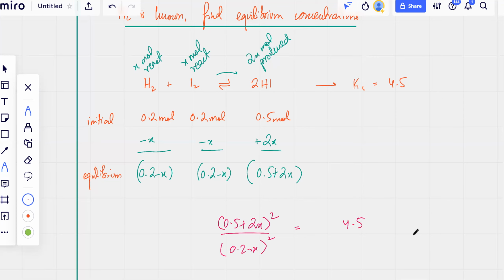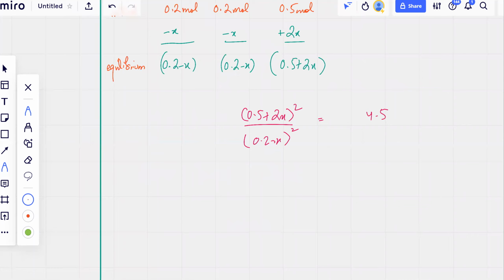You're not supposed to solve quadratic equations, so you can take the square root of this side, and you can take the square root of this side as well. If you take the square root, the square terms are gone, and you're left with 0.5 plus 2x is equal to 0.2 times root 4.5, minus x times root 4.5.